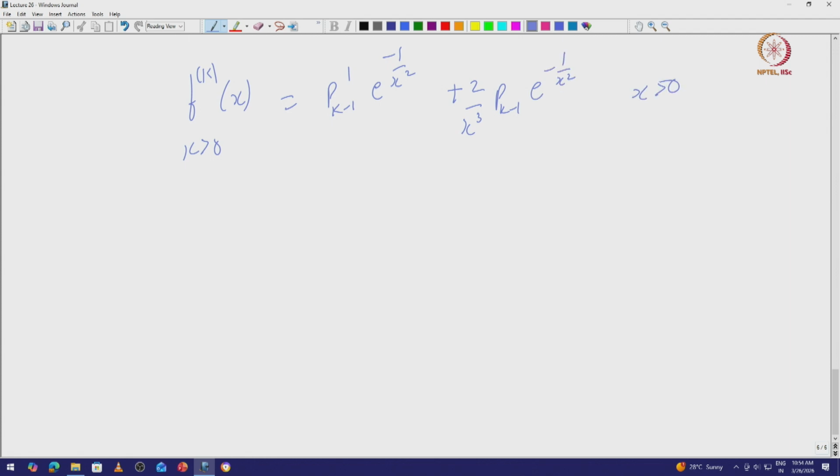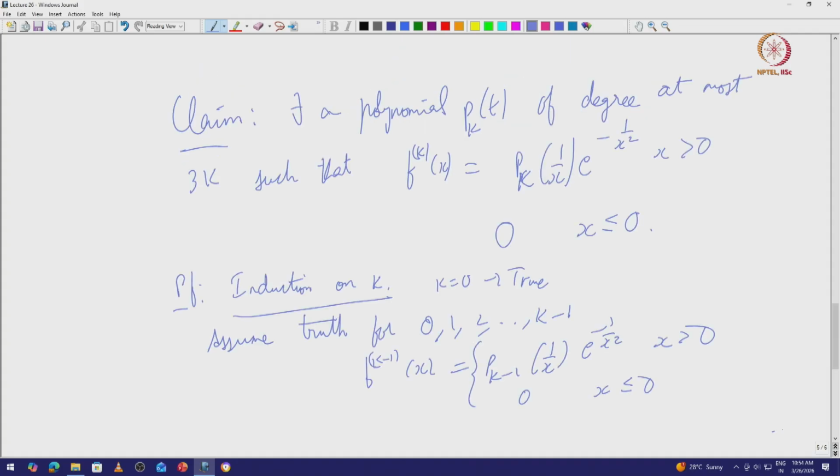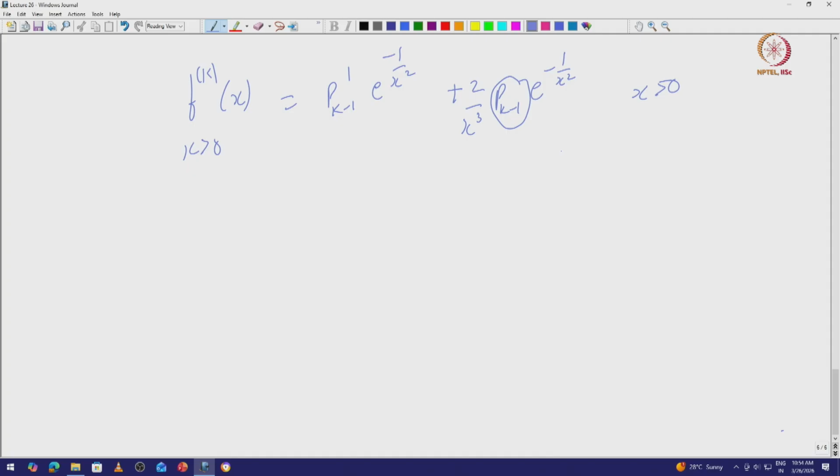Yeah? Now the point is, this is a polynomial p_k of 1 by x, right? So I forgot about that, times minus 1 by x square.